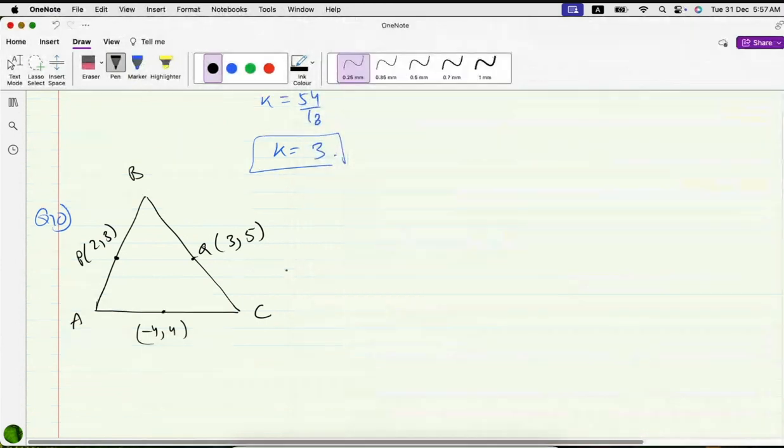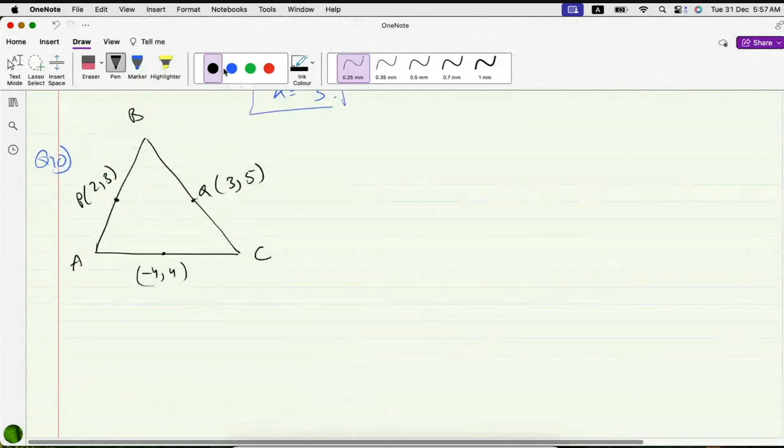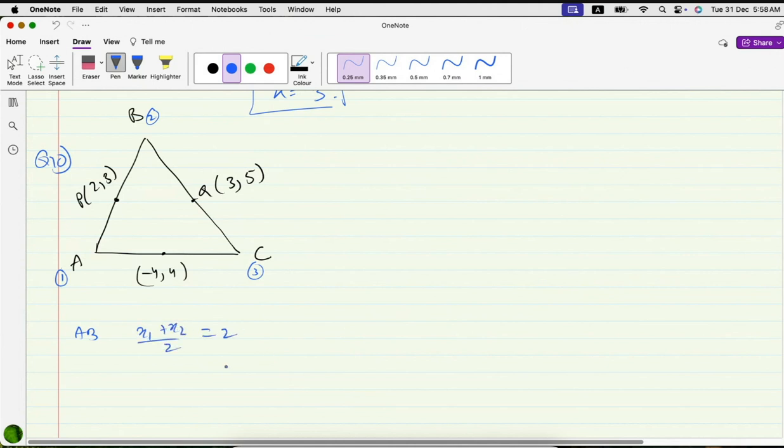So definitely we're going to make some equations. Let's say this is 1, this is 2, and this is 3. When I'm talking about A and B, I would say x1 plus x2 over 2 is equal to 2, and y1 plus y2 over 2 is equal to 3.